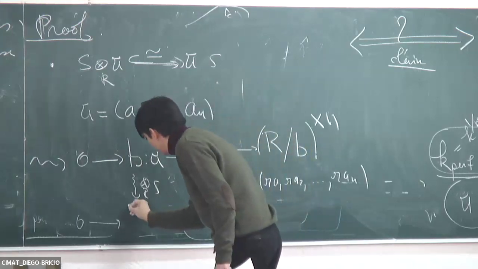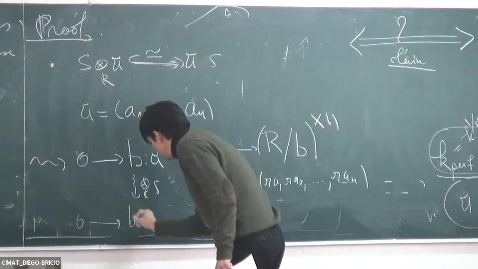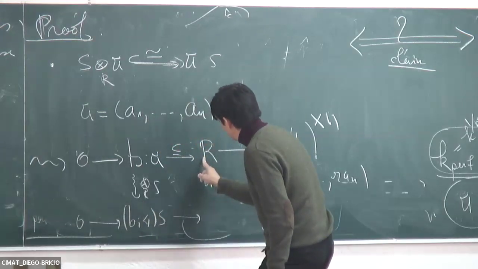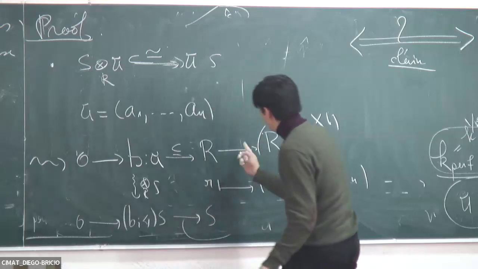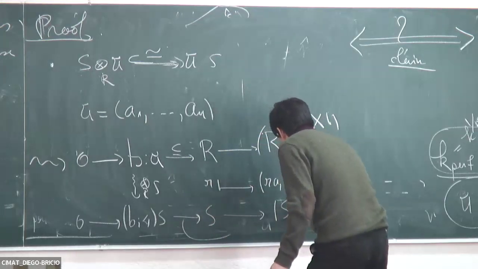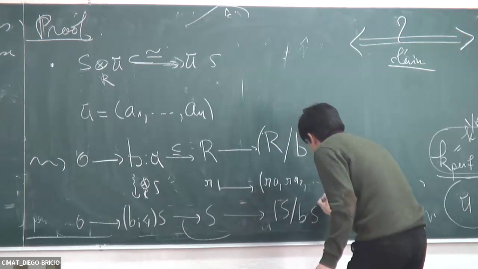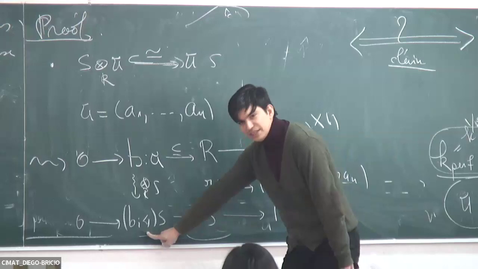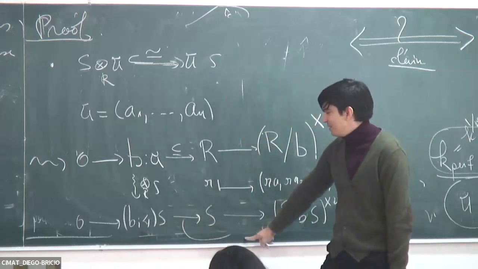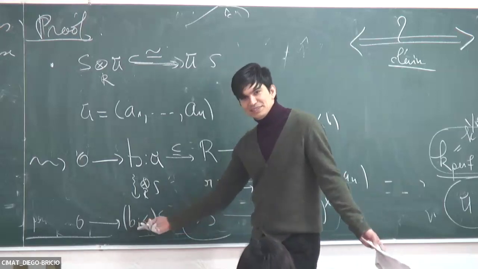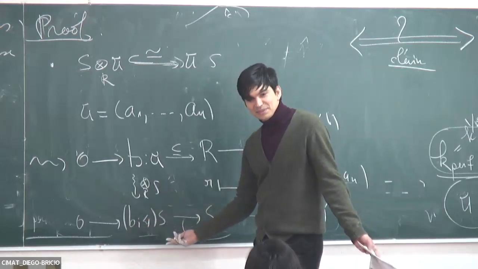So you have B extended to S. The base change of R is S, and the base change of this map is the exact same map. It's just the map where you go to (S/BS)^n, and it gives you that. So it tells you that this is the kernel of that map. But the kernel of that map is just BS colon SA. And there you are.